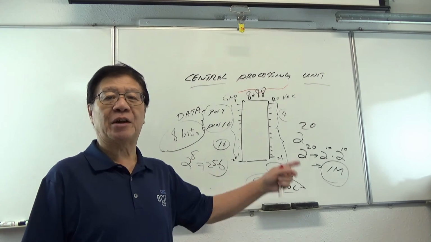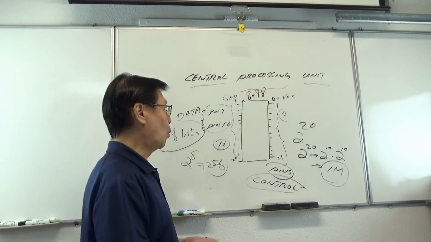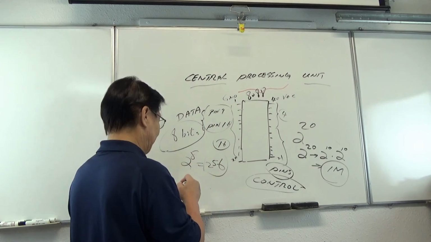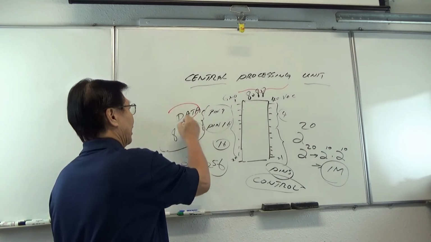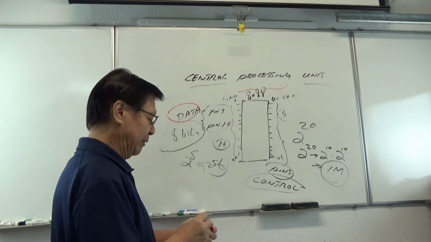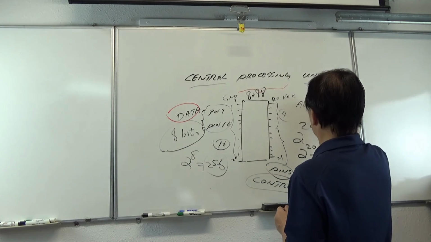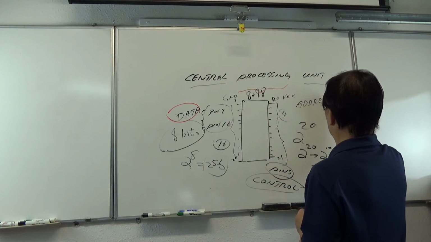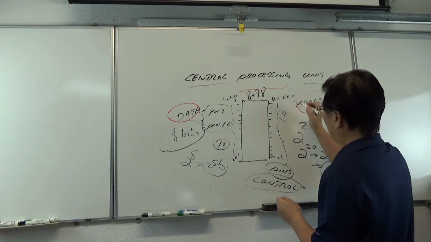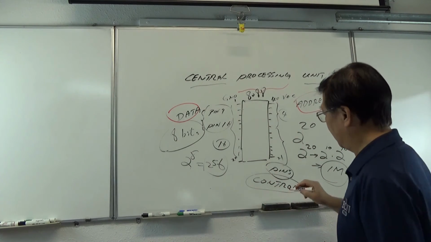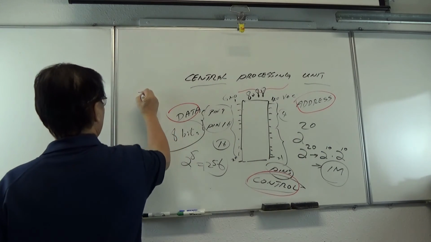Okay? So there are 3 buses on a CPU. Number 1 is the data bus. That's a very important concept. Data bus. And then we have the address bus. And thirdly, we need the control bus. So 3 buses.